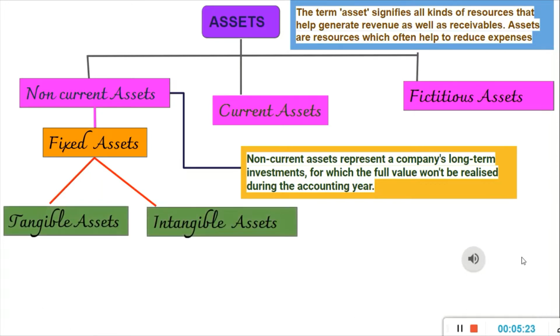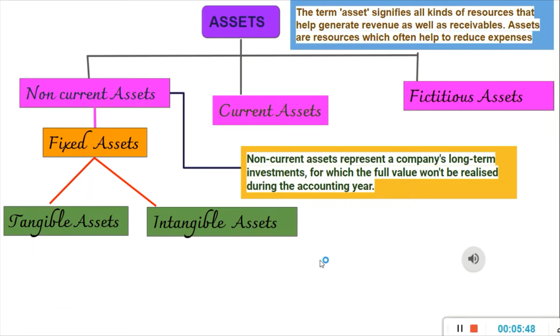Now what are tangible assets? We can see and we can touch. Means it has a physical existence. Like furniture, vehicles, equipment, buildings, all these we can see and touch also, right? That has a physical existence. Cash, these all are tangible assets. Now, what about intangible assets?